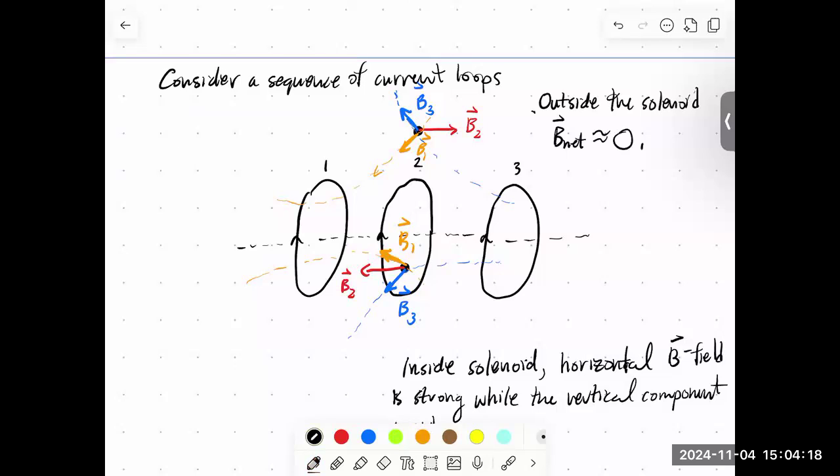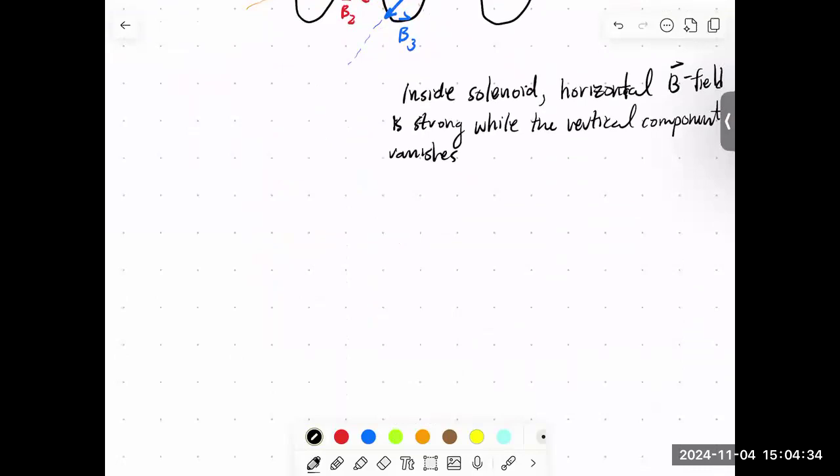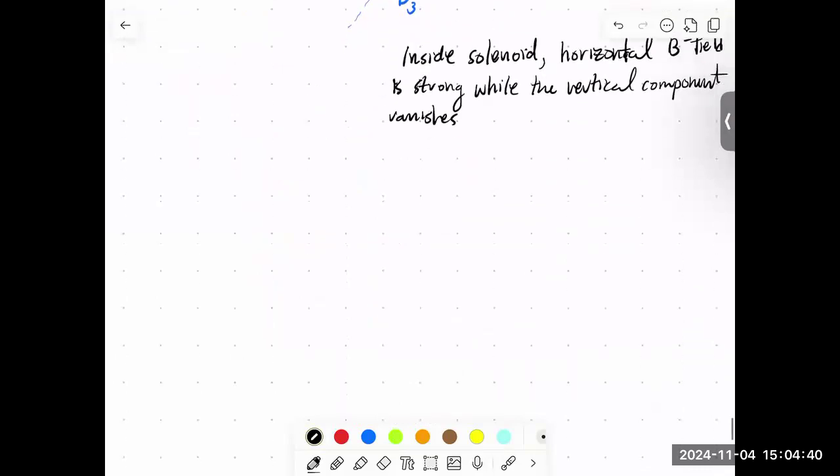Now, of course, this is not rigorous. This is just kind of drawing by hand some of those fields. But if you were to do this very carefully for these current loops, you would find that this cancellation would in fact work out. So let's see then if we can go back to our solenoid problem.